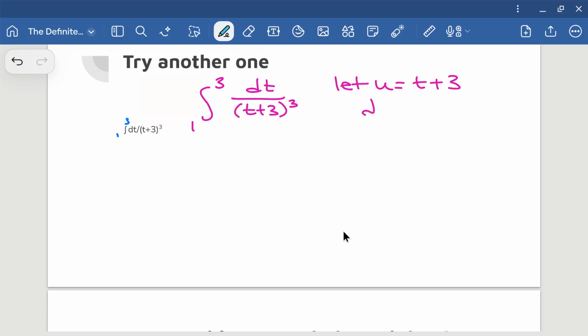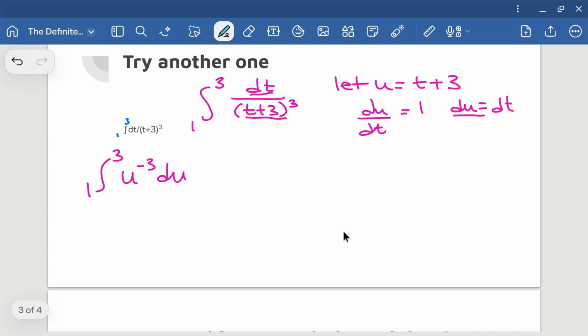Let's take that derivative in terms of t, and you will get it equaling 1, and then isolate the dt. Same thing like before, I'm going to look at 1 to 3, and I'm just going to make my exponent negative so I can bring it into the numerator. So I will have u to the power of -3, and then dt equals du, so I can just add on du.